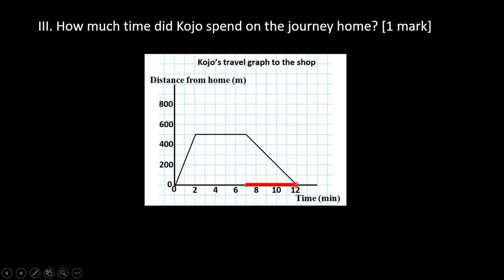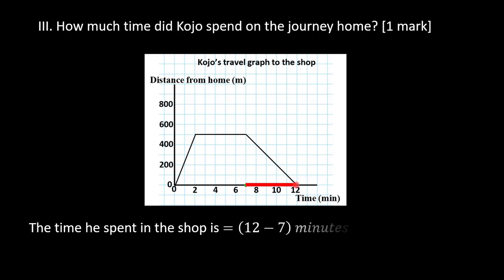So that simply implies that we'll subtract the first 7 minutes from 12. Why? Because within the first 7 minutes, he was either resting at the shop or moving to the shop. Remember, he used 2 minutes to move to the shop and rested at the shop using 5 minutes.